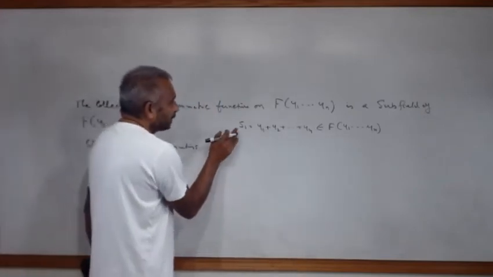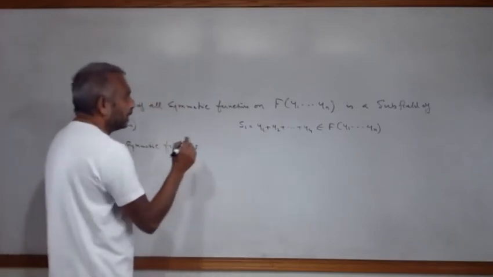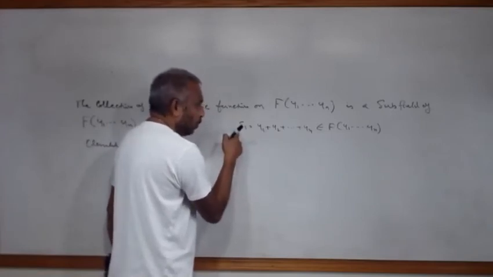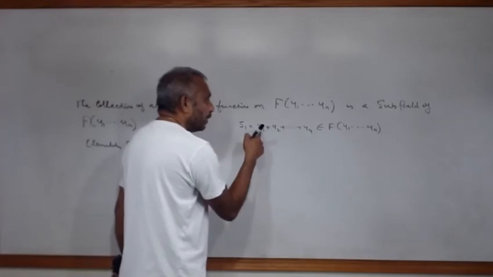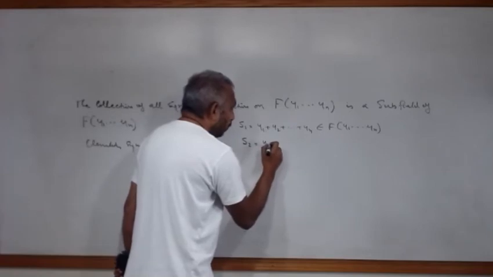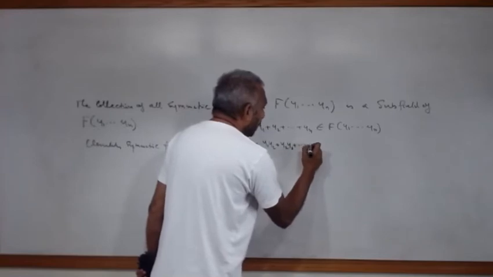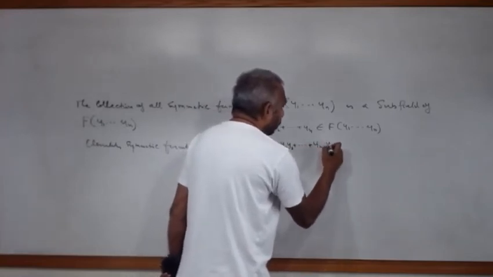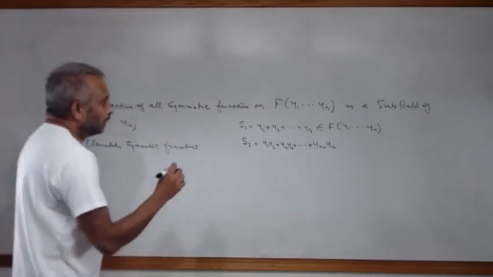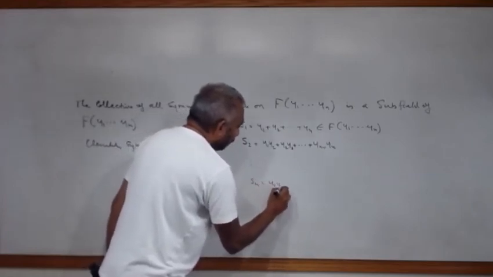So this is the first elementary symmetric function. You can define another symmetric function of degree 2; this is degree 1 on y1, ..., yn. So this degree 2 will be y1y2 plus y2y3 plus ... plus y(n-1)yn. Like that, you can define Sn equal to y1y2...yn.